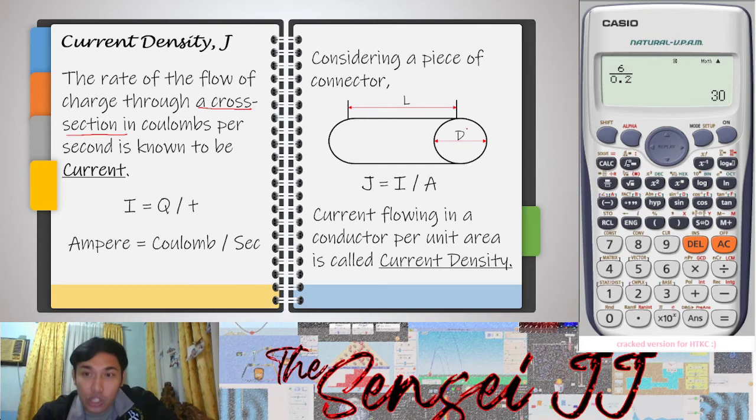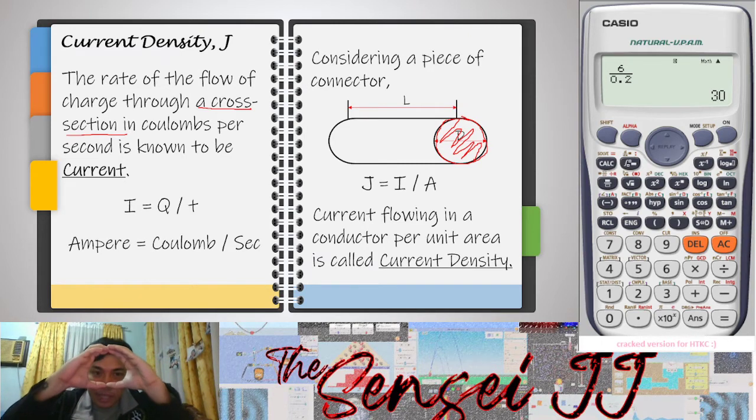When it comes to cross section, we are talking about the diameter and its area. We will be using that cross section. In this case, this is where our current is passing, all in this circular area. That is the cross section.